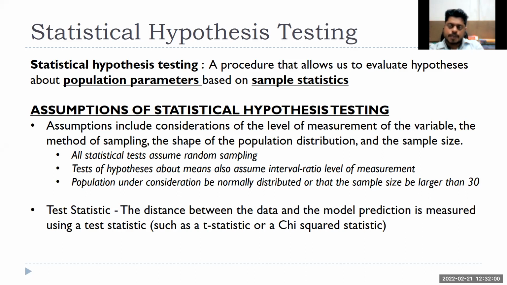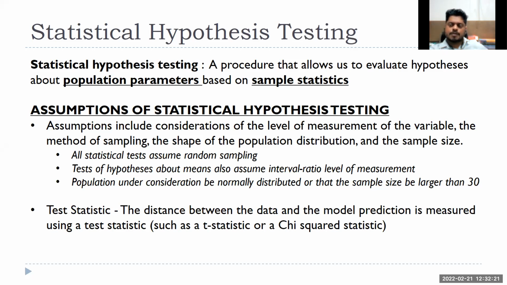Remember the condition. What I showed you, my population distribution was not normal. It was a uniform distribution, right? So it doesn't matter what your population distribution is, as long as your sample size is greater than 30. Your population can be uniform, non-uniform, beta, gamma, normal, any kind of distribution.